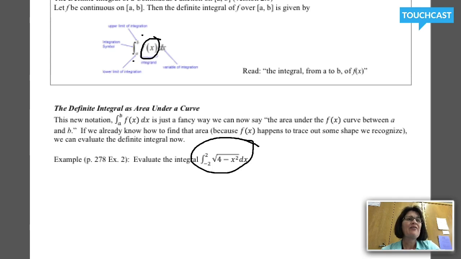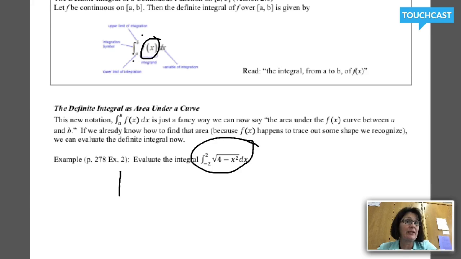So if I want to find the integral from -2 to 2 of the square root of 4 minus x squared dx, that means find the area under the curve, between the x-axis and the f function, as x changes from -2 to +2.